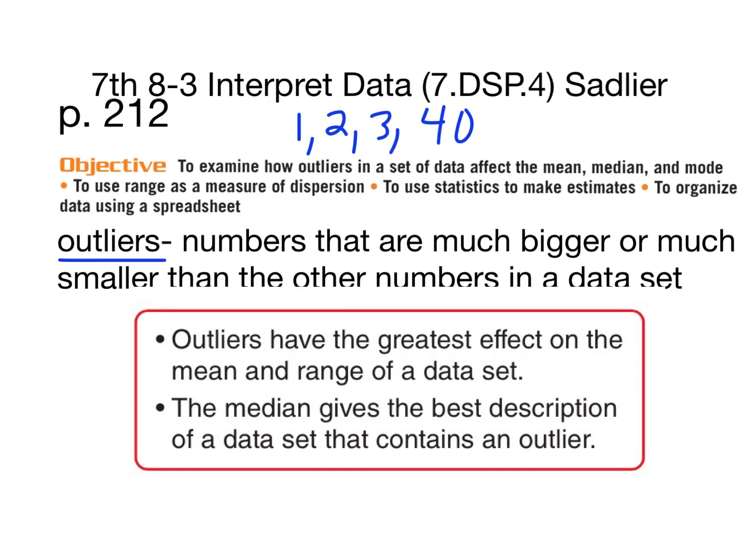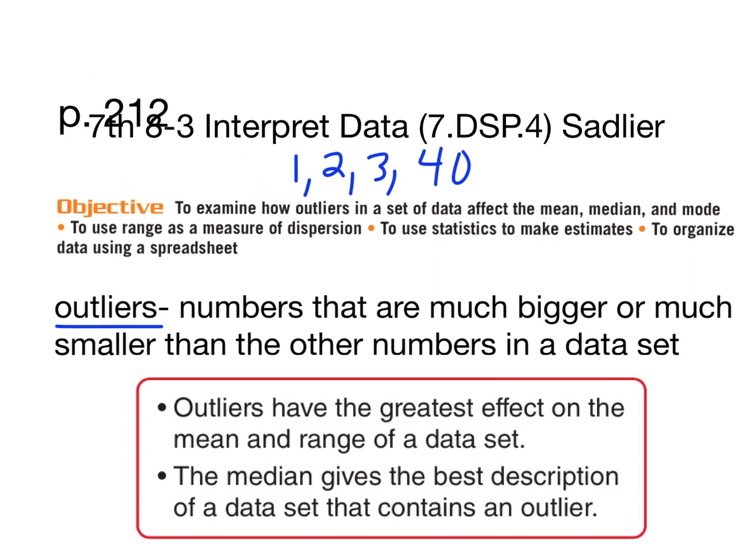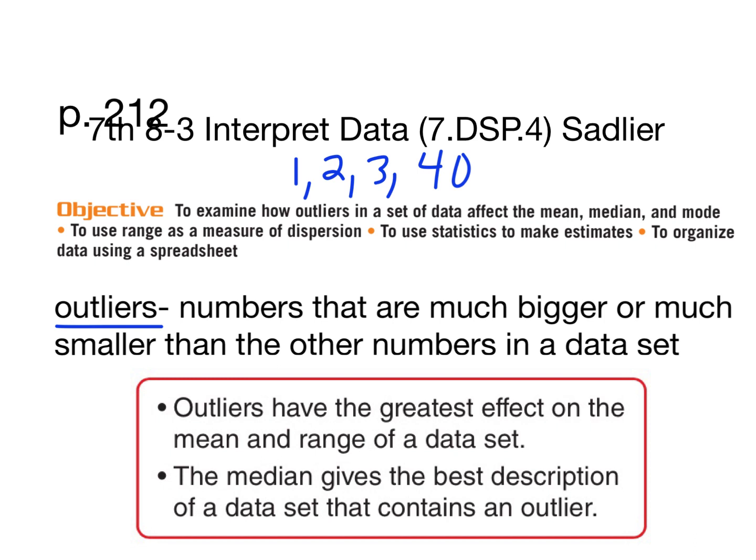Now, if I had some bigger numbers, let's just say we have 501, 502, 503, and 540. At that point, those numbers are pretty big. So I don't know if I would necessarily consider 540 to be as much of an outlier. It kind of just depends.